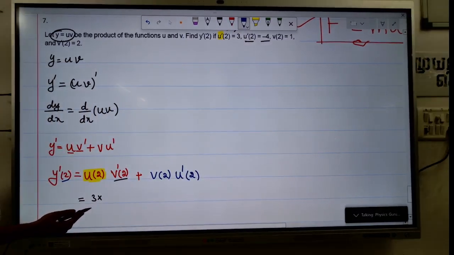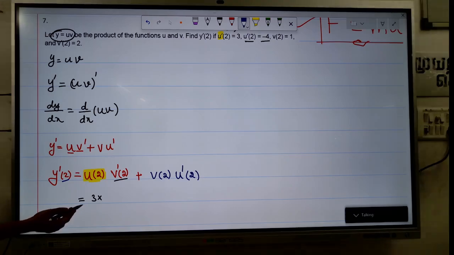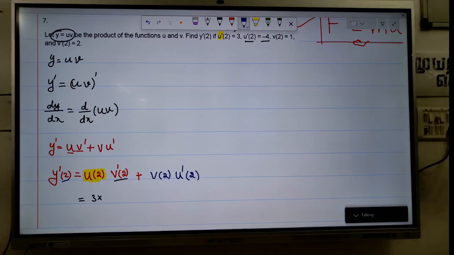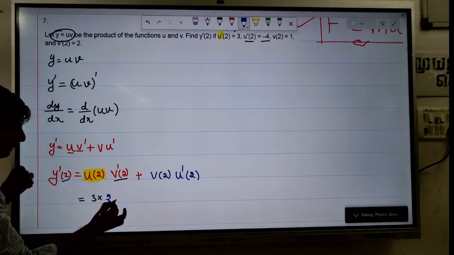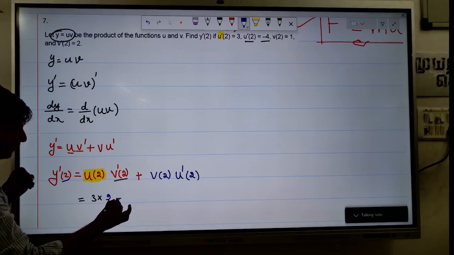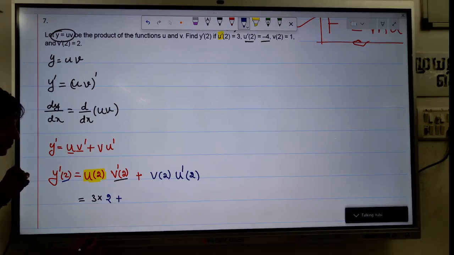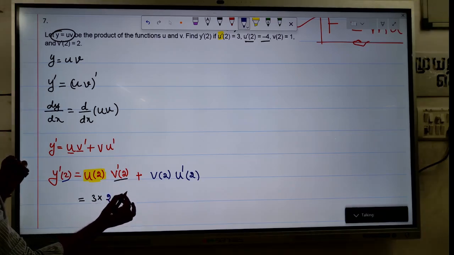Come on, sir. Guide me from here. Tulsi, you tell me. 3 multiplied by 2. Yes, then plus 1 into where is 1?